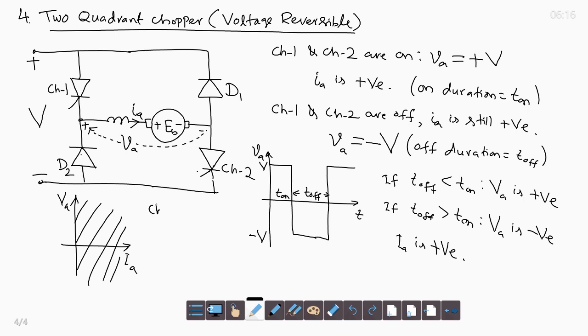So, chopper 1 and D1 conducting implies VA equals 0. So, you can have plus V and 0 application. So, you have average voltage positive. Similarly, chopper 2 is on, chopper 1 is switched off, CH2 and D2 conduct. So, this is also freewheeling action and VA is 0. So, you can have average voltage anything desirable according to chopper control.